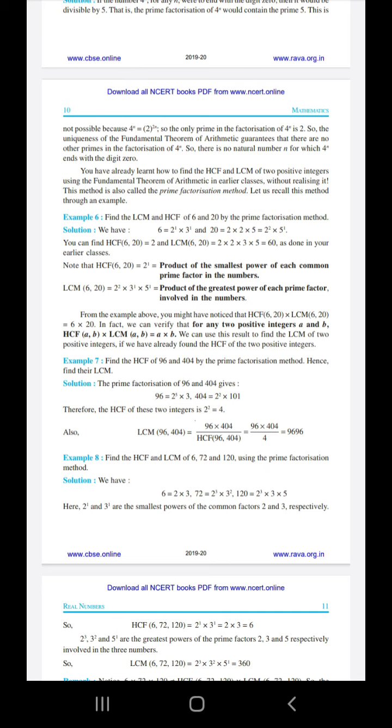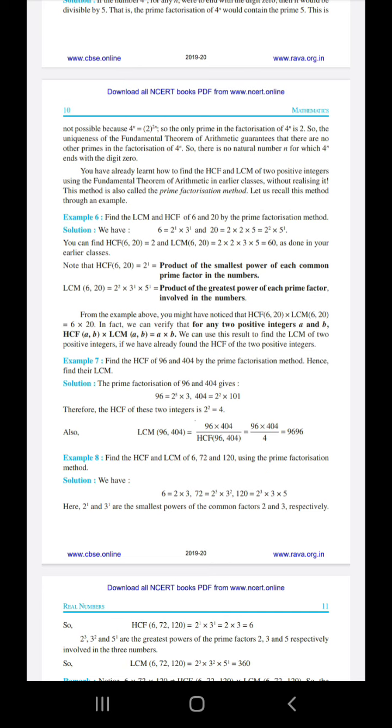Then write: by the fundamental theorem of arithmetic, there are no other primes in the factorization of 4 to the n.